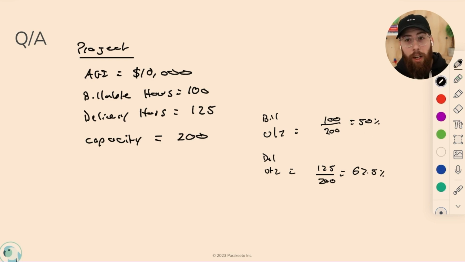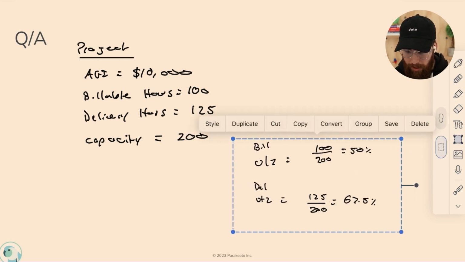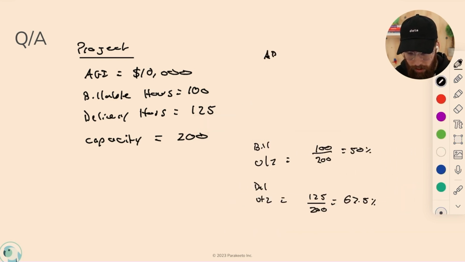And again, we've got to think about the broader system. That's not a problem, because in the Parakeeto system, we would capture this in average billable rate. So when we measure average billable rate over here, if we did this based on billable hours, then we would say, okay, $10,000 in AGI divided by 100 billable hours would be $100 per hour.